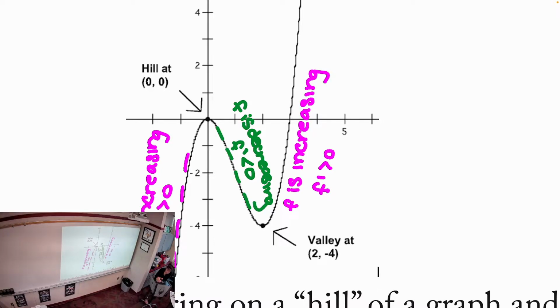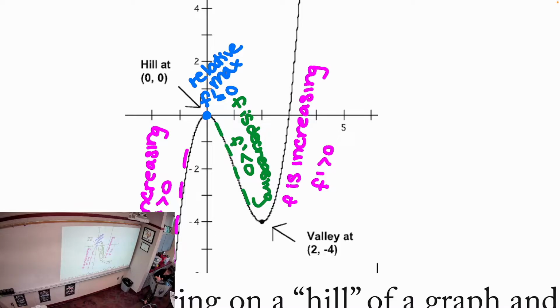What you notice is that I have a hill where I go from increasing to decreasing. This is called a relative maximum, and f prime is equal to 0 at that point. When I go from decreasing to increasing, I have a valley, and that is a relative minimum, because I go from decreasing to increasing. And again, f prime is equal to 0.